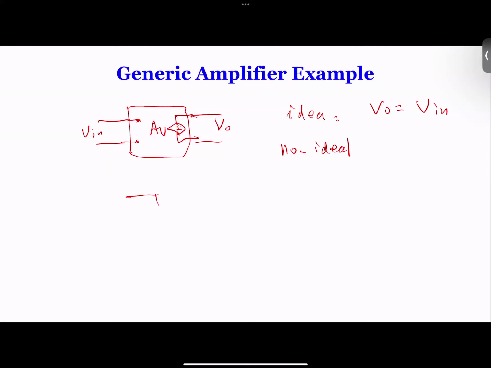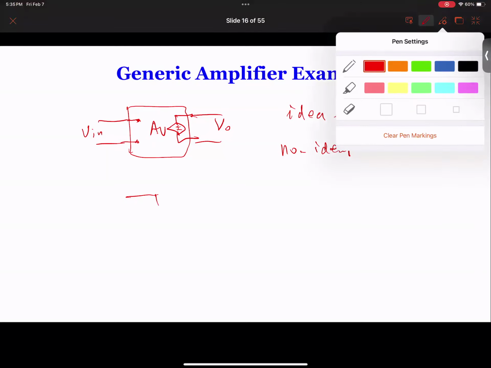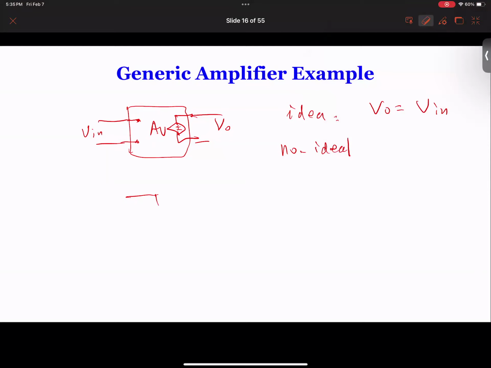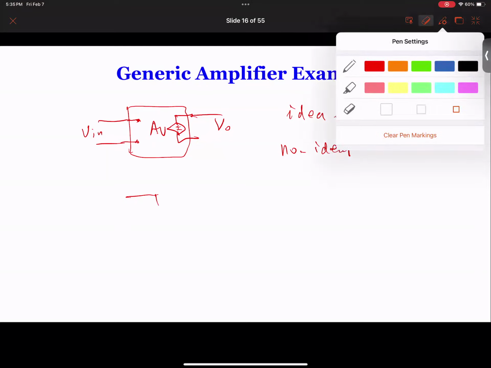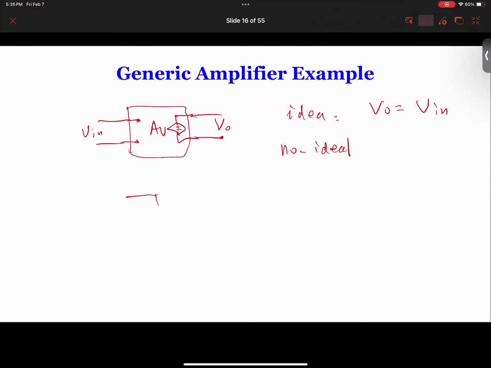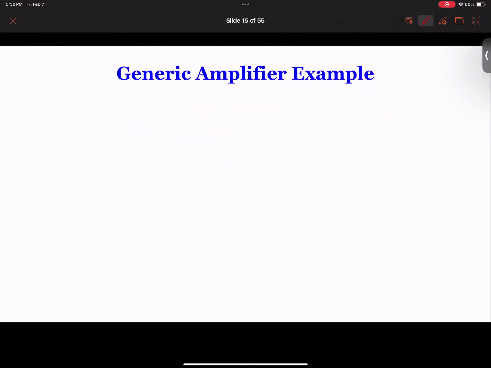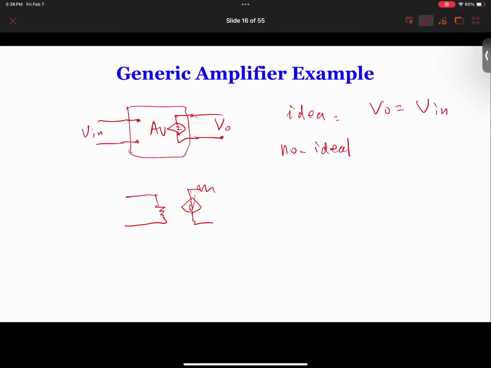In the ideal case, this is the equivalent circuit, but in the non-ideal case, you have resistance, RO, RE.